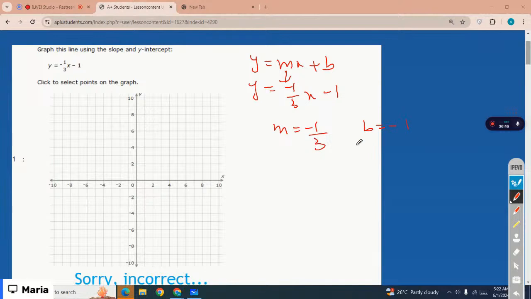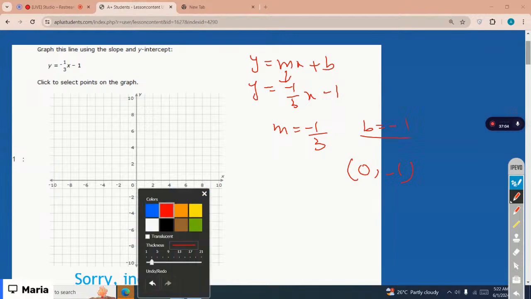Slope is -1/3 and b equals -1. -1 means the graph passes through the y-axis at the point -1. That is 0, -1, right? So x is 0, y is -1. Here is the point, right?